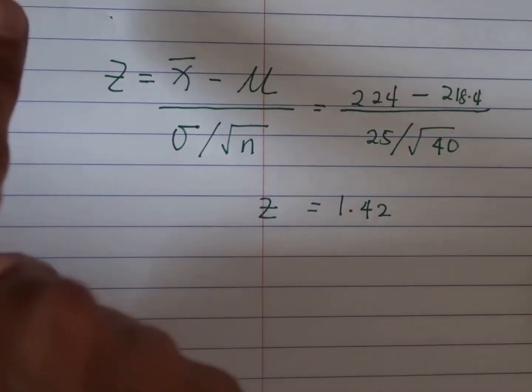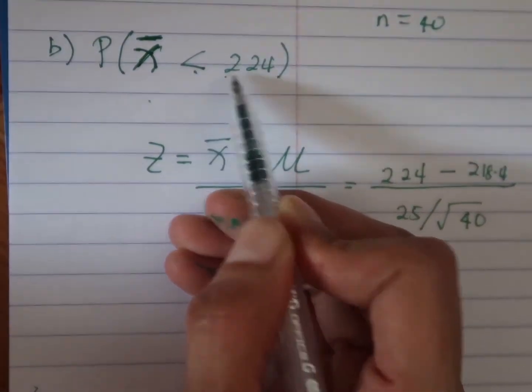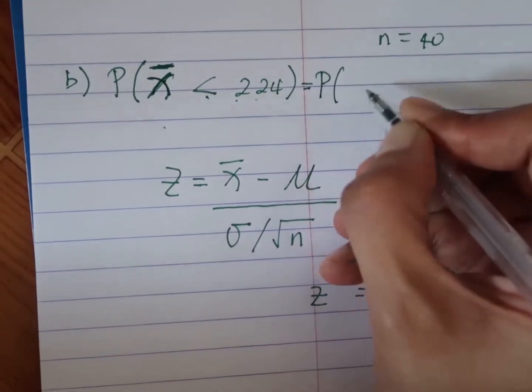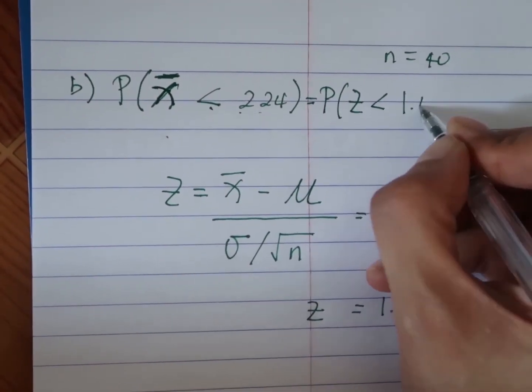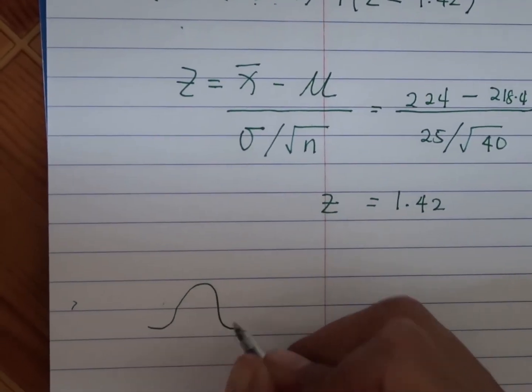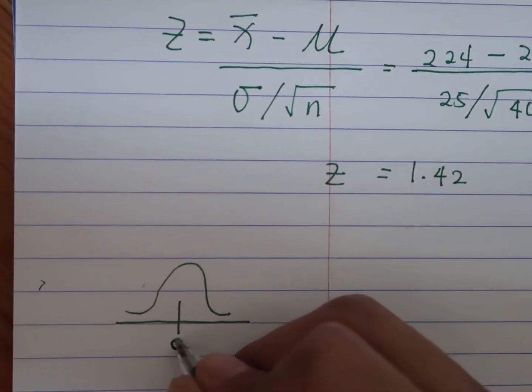Okay, so the probability that the sample mean is less than 224 is the same as the probability that the z value is less than 1.42. Okay, so using the normal curve, as always, you need to draw a normal curve. So 0 is the middle.